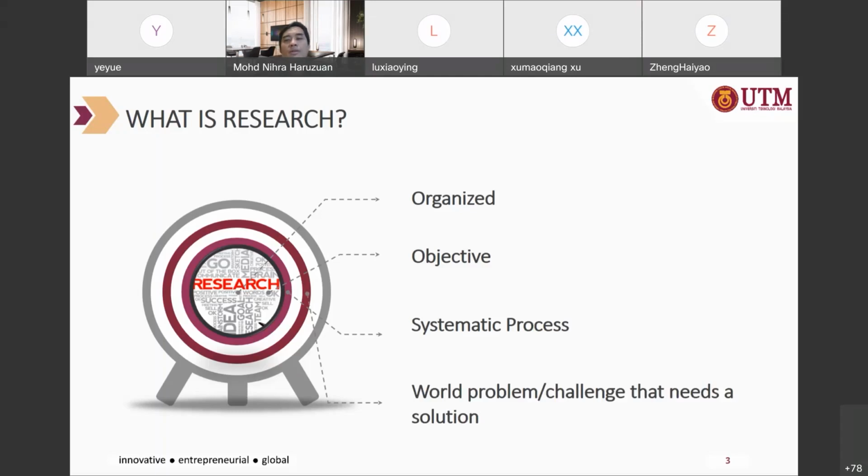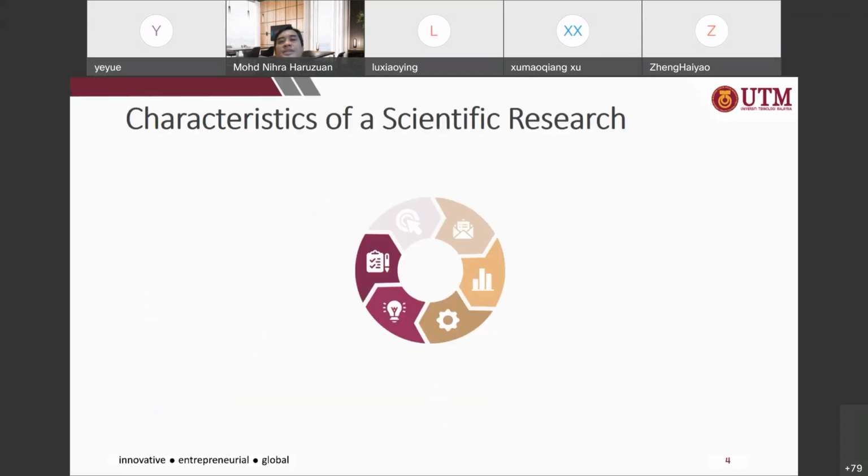This is all needed for research. This is what we call research. The characteristic of scientific research is that it needs a purpose. It should be purposive.